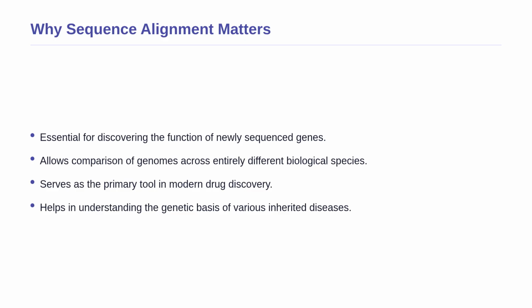Without sequence alignment, every new genetic discovery would remain a complete mystery. We would have no way to compare the genomes of different species. Today, it is the primary tool used in drug discovery, evolutionary biology, and understanding genetic diseases.